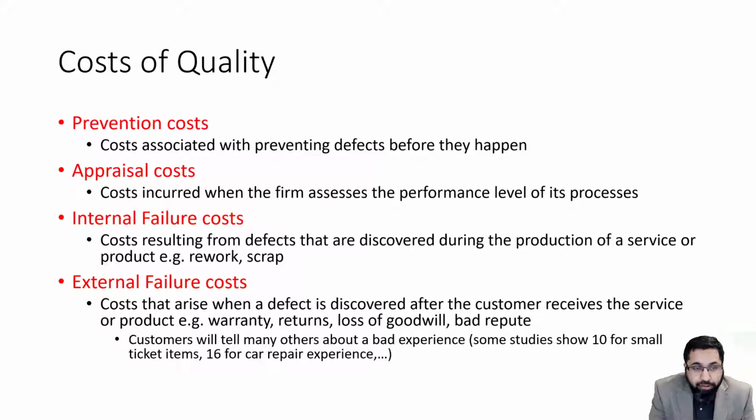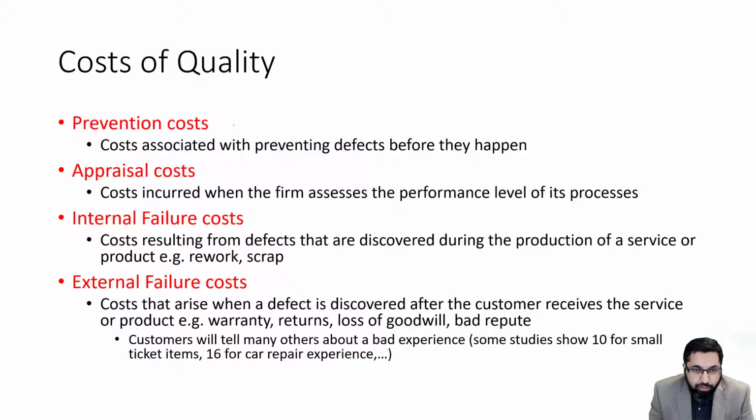Now, there are some costs associated with ensuring quality. The first type of costs are called prevention costs. So companies will incur some cost when they try to make sure that defects don't happen. You can think of these costs as doing a quality check, for example.